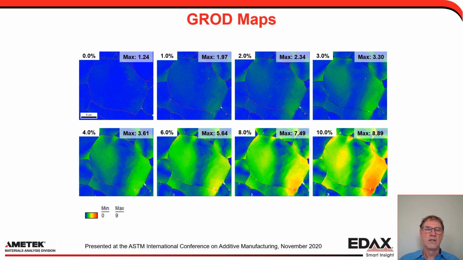If we look at the GROD maps, or grain reference orientation deviation maps, then you can get an idea of what's happening within individual grains, and you can see that the grains are starting to fragment, to deviate from the original orientation, and the average orientation within the grains is also wandering.